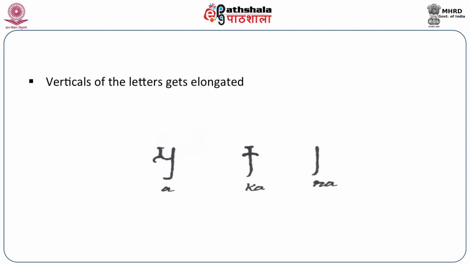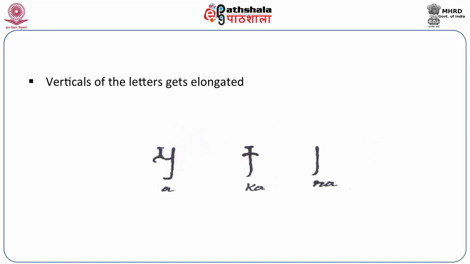And another very important aspect which we have to keep in mind and keep in focus is the verticals. Earlier the letters were of the same line, and in the subsequent period they lengthened the vertical stroke, sometimes giving a gentle curve, and head marks are also mostly seen on the left side.